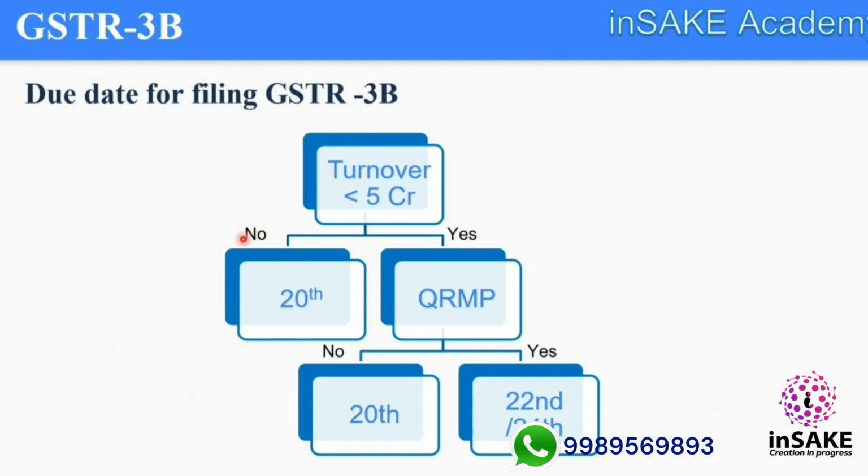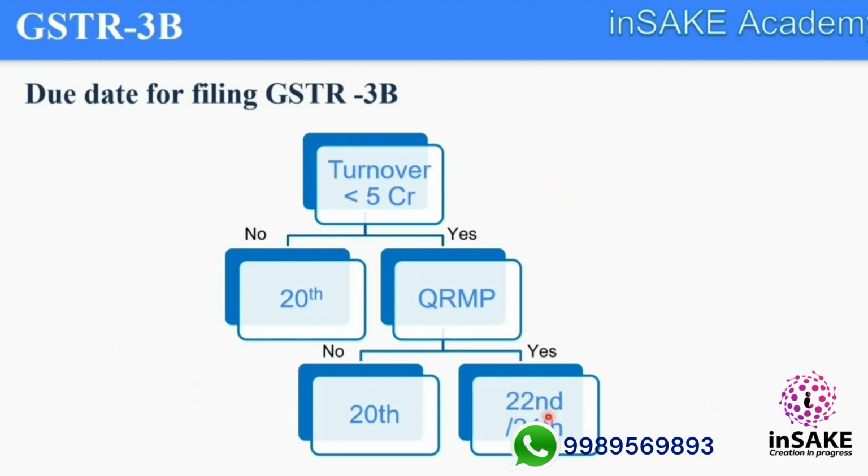If it is less than 5 crores, there is an option called quarterly return and monthly payment. This scheme was recently introduced. If the taxable person has opted for the quarterly return and monthly payment, then a relaxation is given, the 22nd or 24th.